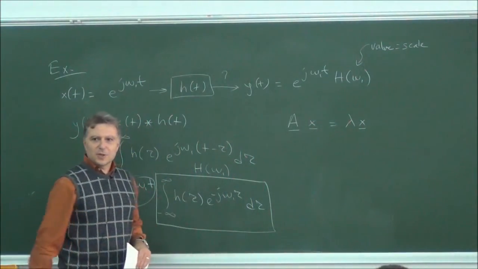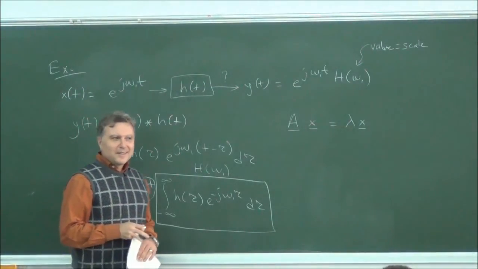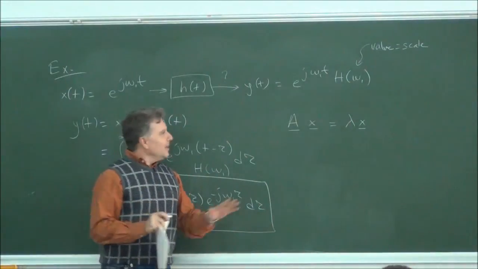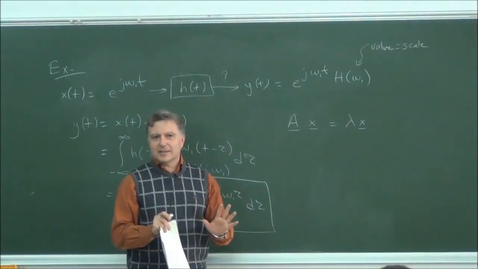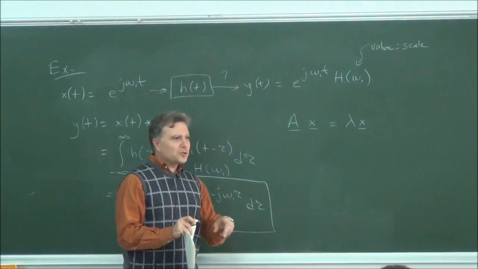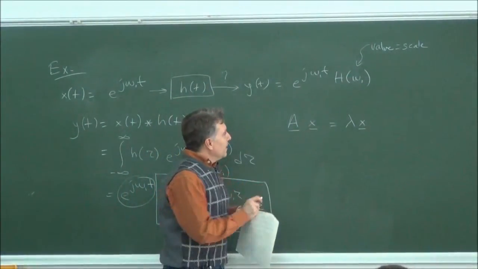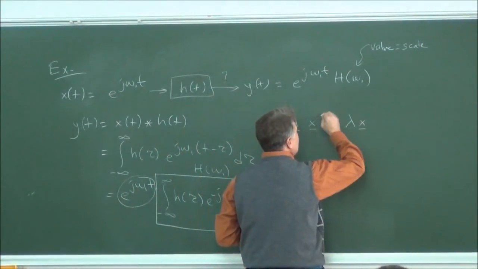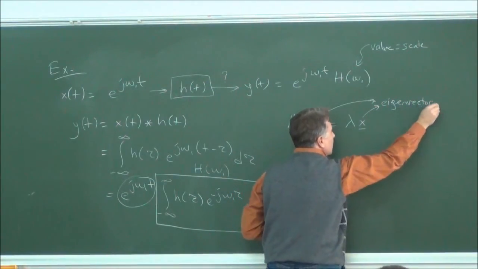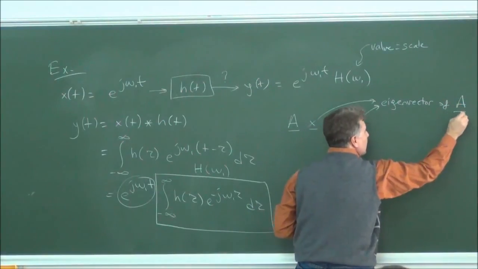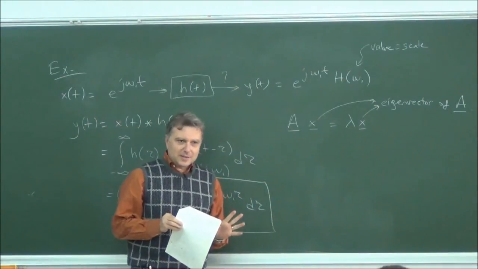Do you remember this equation? You might have heard about that. It's the eigenvalue, eigenvector decomposition. If you don't remember it, just search through your linear algebra and you will encounter this. Such a vector x is called the eigenvector of A. And here, A is your system, x is your eigenvector.